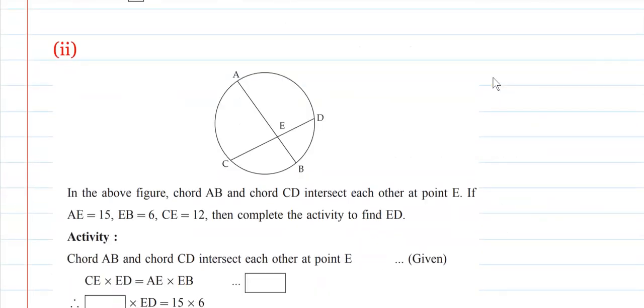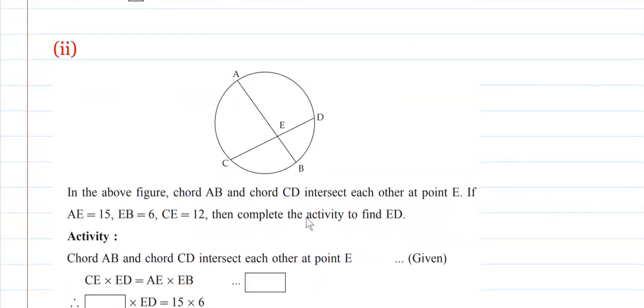Okay. Now the next activity. In the above figure, chord AB and chord CD intersect each other at the point E. If AE is equal to 15, EB is equal to 6, CE is 12, then complete the activity to find the value of ED.